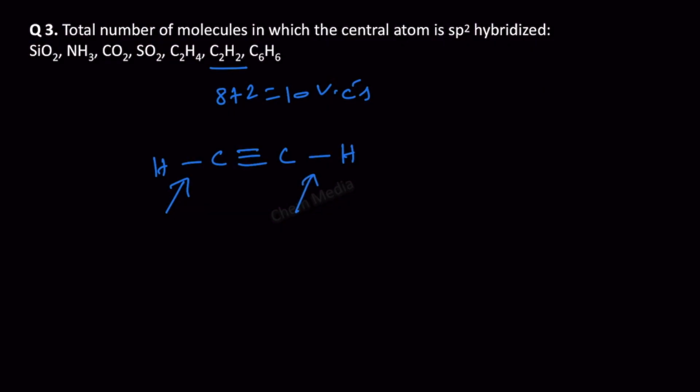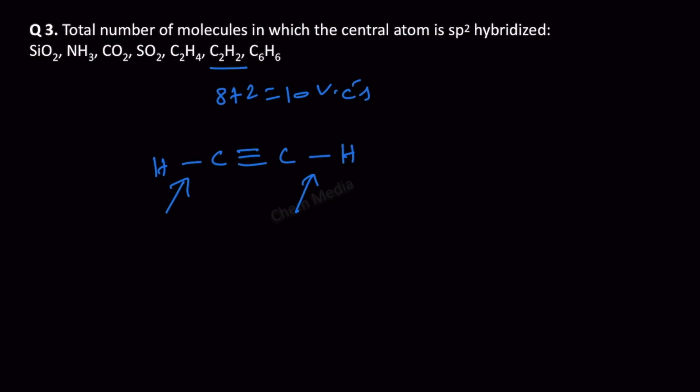How about C2H2, that is acetylene? In acetylene we will have how many valence electrons? We have 2 times 4, 8, plus 2, and therefore 10 valence electrons we will have. With 10 valence electrons we can write the structure like this. Hydrogen, and then carbon, and then triple bond, and then carbon, and then hydrogen. So this accounts for 10 valence electrons because we cannot put more than 2 valence electrons between carbon and hydrogen. So here also we cannot put more than 2 valence electrons between carbon and hydrogen.